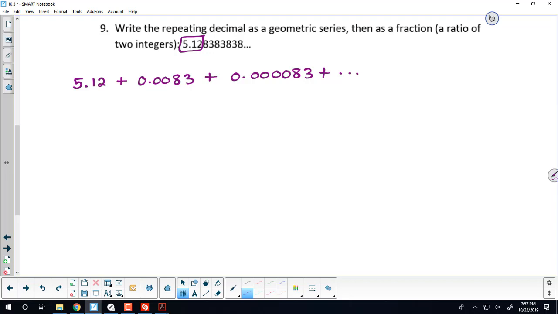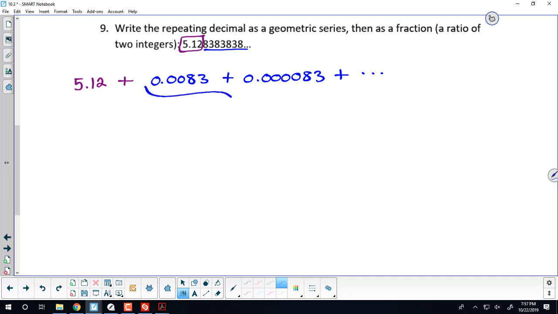Let me just color this a little bit differently. And so on and so forth. And that's the geometric part that we have in blue. This is our geometric.